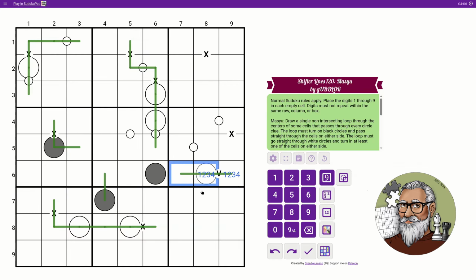And these are on the same section, so this one has to be from 1, 2, 3, 4 as well. So these are either 2, 4 or 1, 3. Not sure how that helps. Well, I do have a low digit here as well, so all of these are from 5, 6, 7, 8, 9.